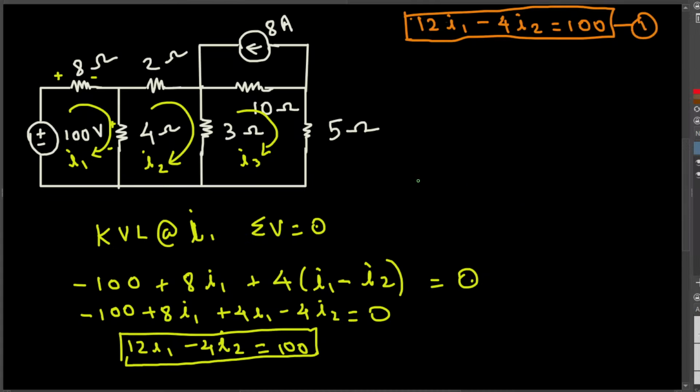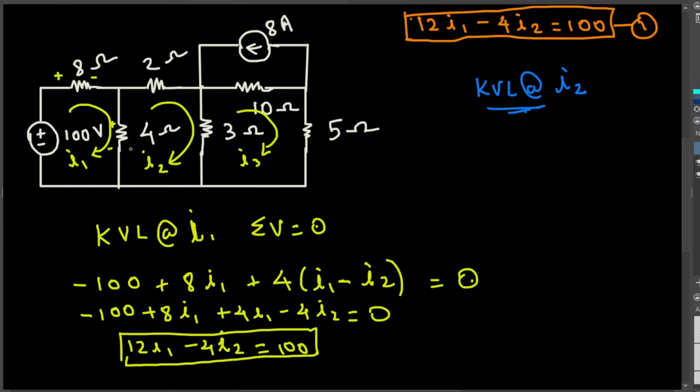Okay, let's use the KVL at loop 2. KVL at I2. What are the voltages we have? We have voltage across this 4 ohm resistor.